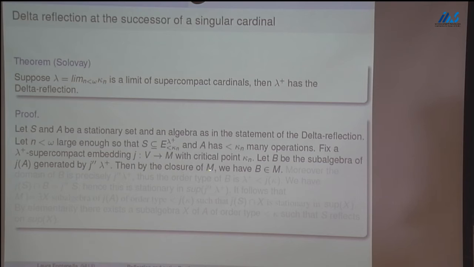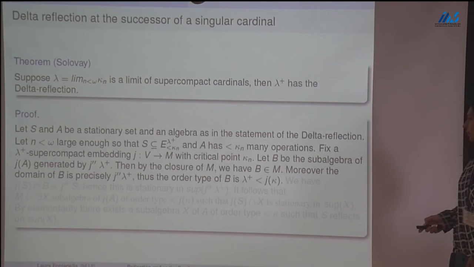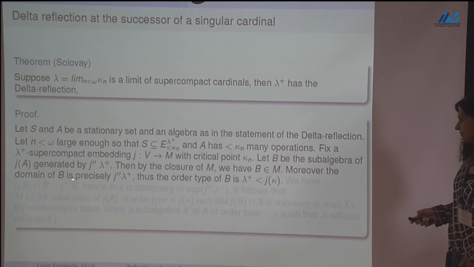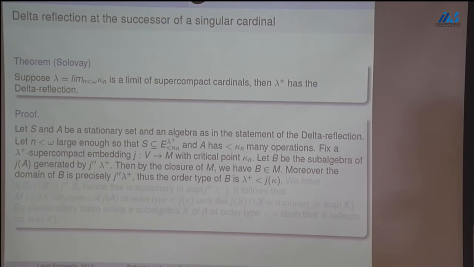Now, since M is closed under less than lambda plus sequences, this set, the pointwise image of lambda plus, belongs to M, and so in particular the subalgebra can be defined in M. Also, it's not difficult to see that the underlying set of B is precisely the pointwise image of lambda plus, and so the subalgebra has order type lambda plus, which is less than j of kappa.